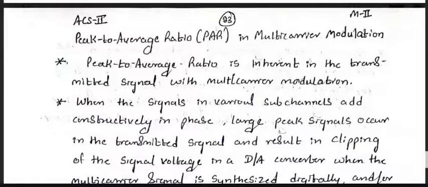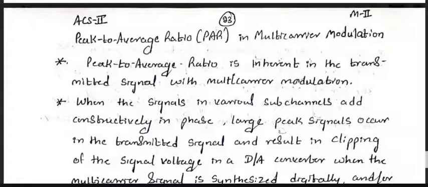Because of the signals adding constructively, the peak will be large, and large peak signals will occur in the transmitted signal. This results in clipping of the signal voltage when we try to pass such large peak signals to the digital to analog converter.